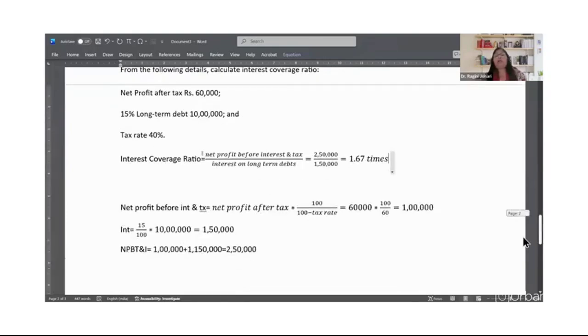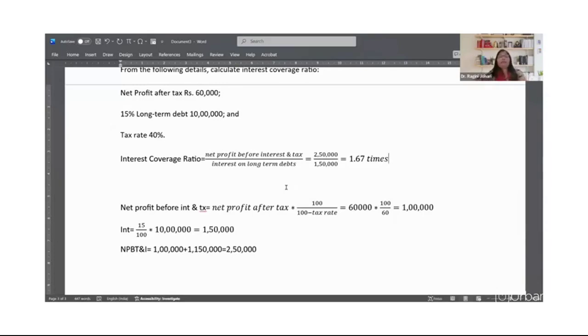Or we can also mention how many times the particular thing is there. And then we also mention them in terms of percentage. So here, this net interest coverage ratio is 1.67 times. This means that the net profit before interest and tax is 1.67 times the interest on long-term debts.